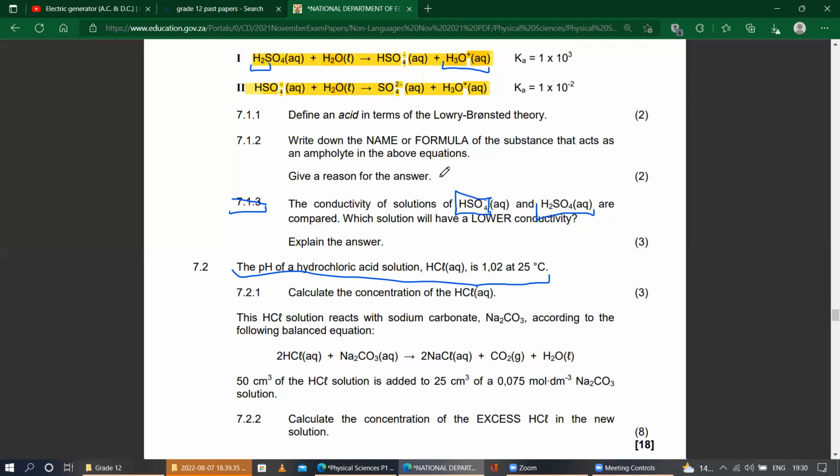Nah, man, I feel like you definitely did something wrong there, because in order to get pH, if you say pH is equal to negative log concentration of H3O, you're going to have to get the concentration of H3O. You see?